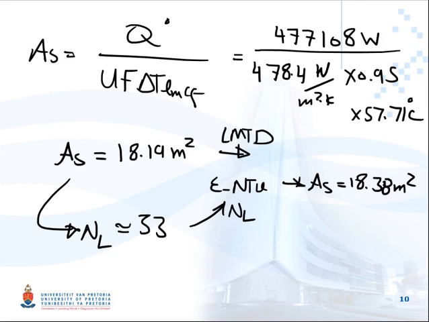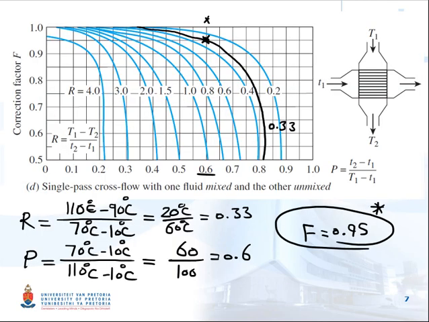As you can see, the results are the same. Not exactly, in terms of being exactly 18.38. Of course different methods, especially in this case, the way that I have calculated the correction factor, you see that it might have a little bit of error here, because we just estimated, and we didn't really know where R equal to 0.33 is located.